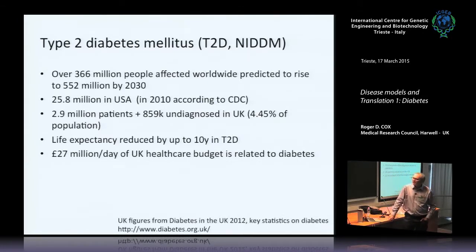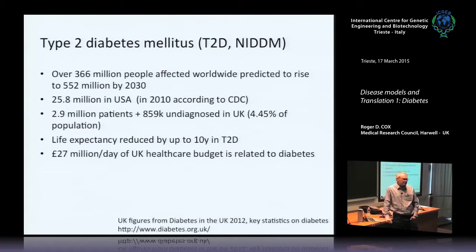So it's a very common disease. Over 366 million people are affected worldwide, and this is predicted to rise quite substantially. 25.8 million people in the US. In the UK, it's estimated around 3 million people have type 2 diabetes, but there's another 860,000 or so who are undiagnosed, who aren't receiving treatment.